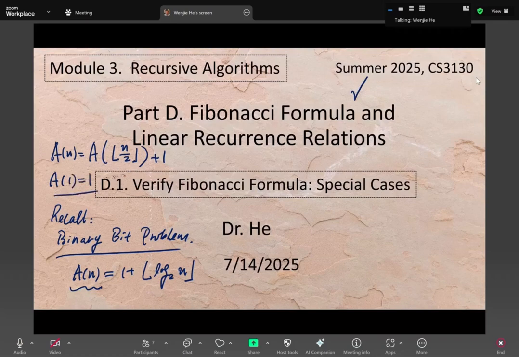At that time, we needed to do verification, but I said I wanted to skip that verification, because in this Fibonacci formula we need to do verification another time. So I combined them to save some time, 20 to 30 minutes. I only want to show you how to apply mathematical induction to do the verification. Mathematical induction.